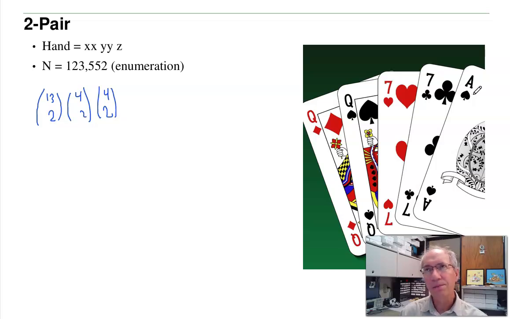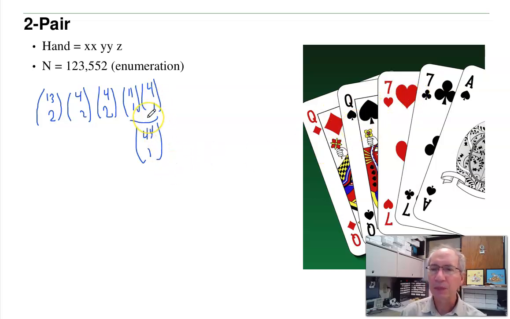There are 11 different values that I haven't picked. Choose 1, and 4 cards of that value, choose 1. I could also just say times 44. There are 44 cards in the deck that are neither queens or sevens. Of those 44 cards, choose 1, same thing.